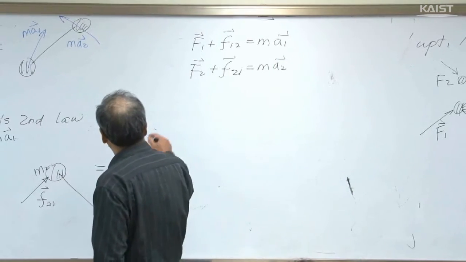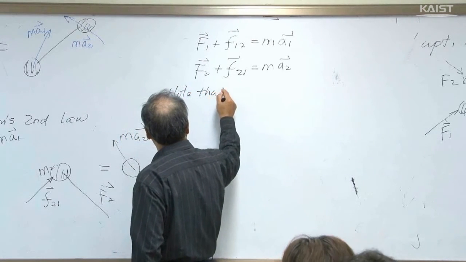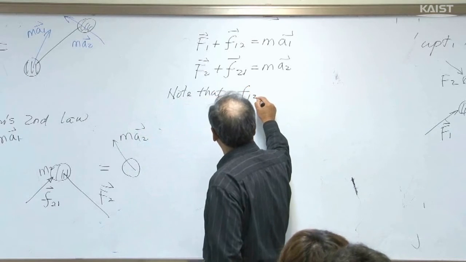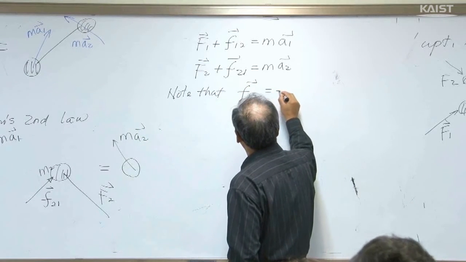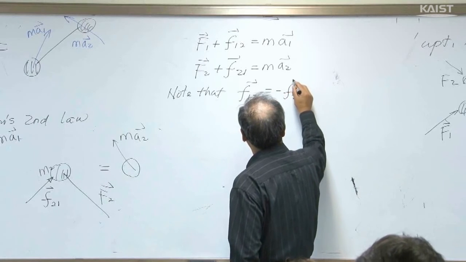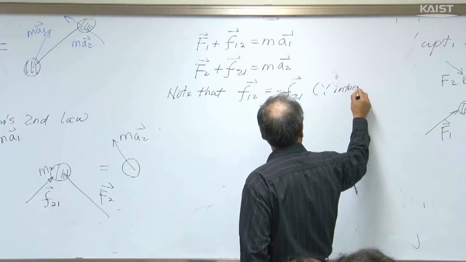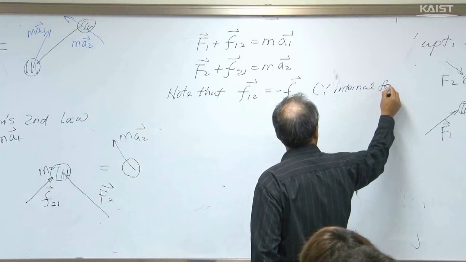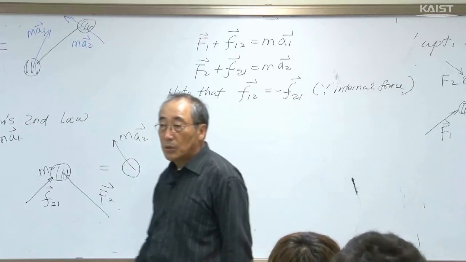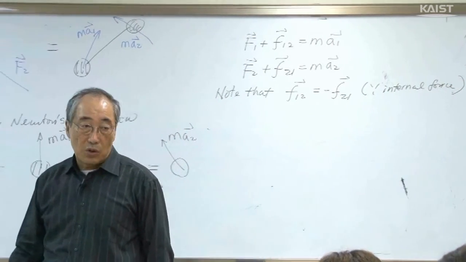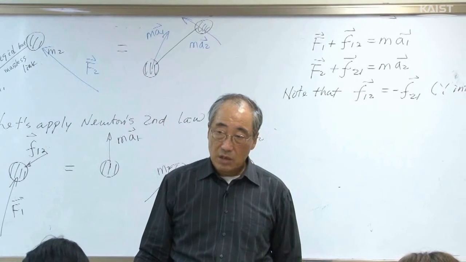And note immediately that F12 is equal to minus F21 because it is internal force. Because of Newton's third law, action and reaction. Okay?